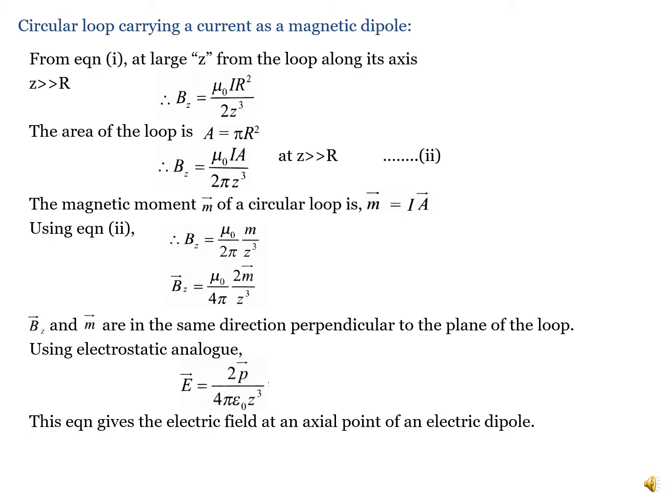In equation 2, we have substituted m instead of I A. Therefore, Bz bar equal to mu 0 upon 4 pi into 2m upon z cube. Note here Bz bar and m bar are in the same direction, perpendicular to the plane of the loop. Analogously, E bar equal to twice p bar upon 4 pi epsilon 0 z cube is the electric field at an axial point of an electric dipole.